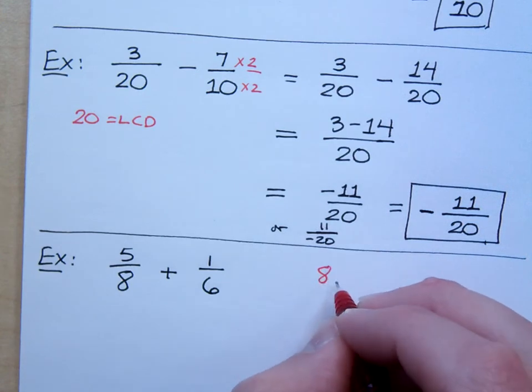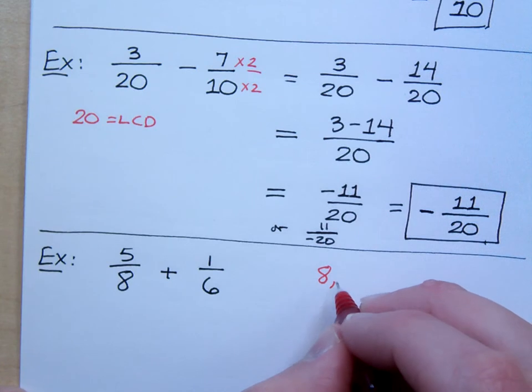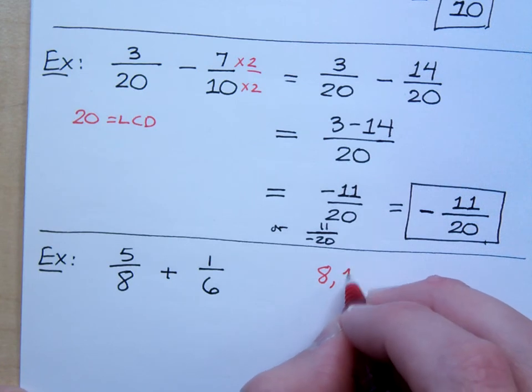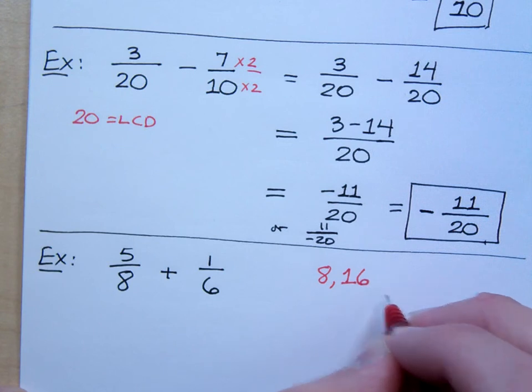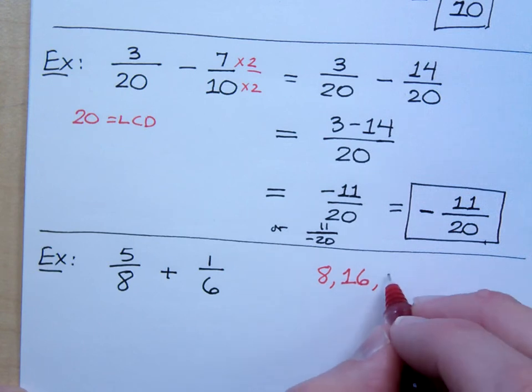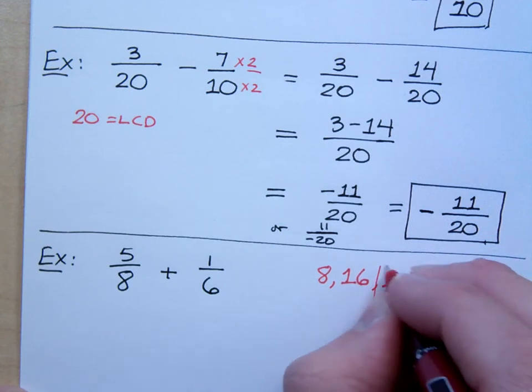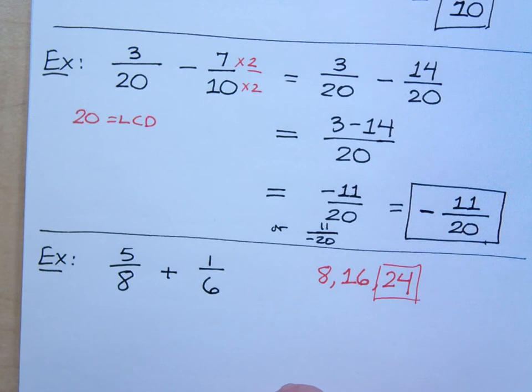Does 6 go into 8? No. What's the next multiple of 8? 16. Does 6 go into 16? No. What's the next multiple after 16? Does 6 go into 24? Then this is the guy that we need to convert these guys to. Okay?